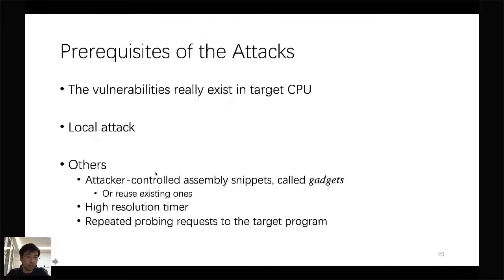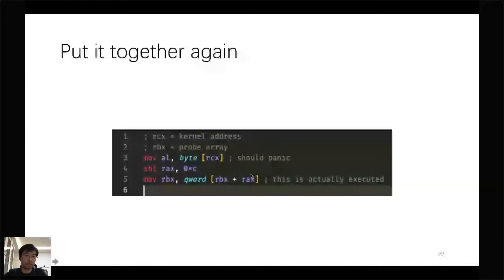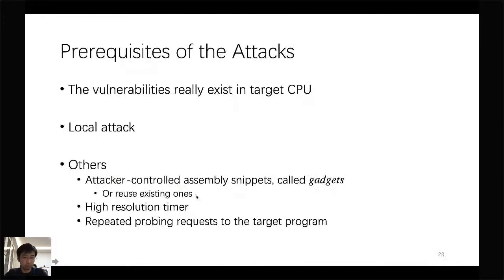And also there are other prerequisites. For example, there need to be attacker-controlled assembly snippets. This is always called gadgets in security. For example, this is an example of a gadget. You need to have such gadgets on your target machine for your attack to succeed.